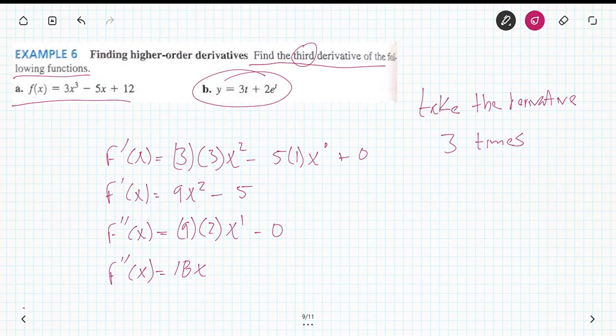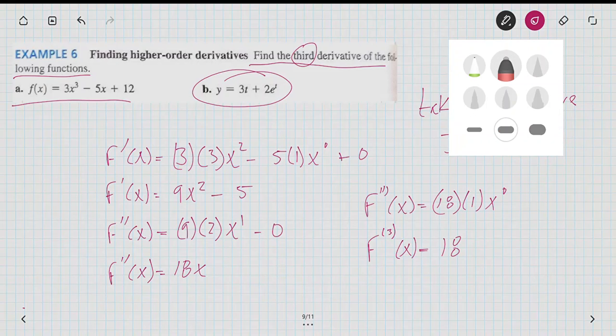This is the third time that we take this, so the third derivative, f triple prime, is going to be 18 times 1 times x to the 0. So f triple prime is going to be 18, and that would be my final answer.